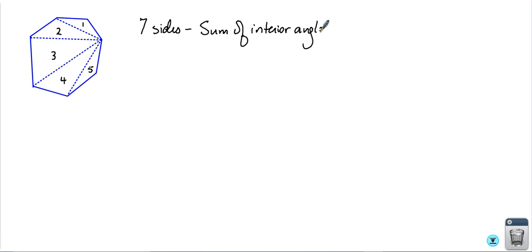I have 1, 2, 3, 4, and 5 triangles. Okay, so it has 7 sides. It has 5 triangles, so the sum of interior angles is going to be equal to 5 times 180, which makes 900 degrees.